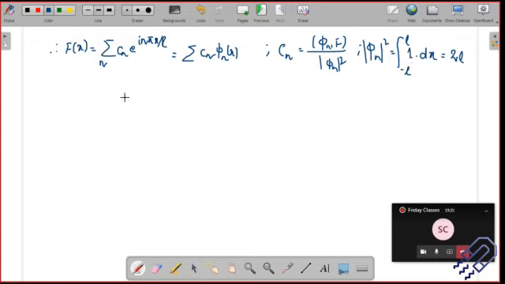Just generalizing it, in a similar way we can also find out the inner product of phi n and f. So the inner product will be the integral from minus l to plus l of f(x) e to the power i n pi x by l. So this is my result here.